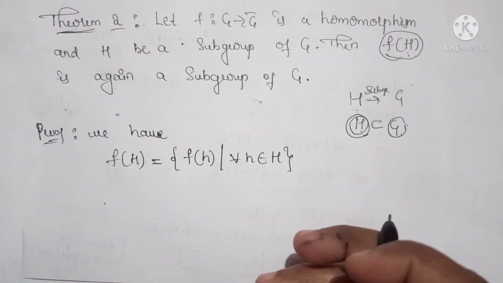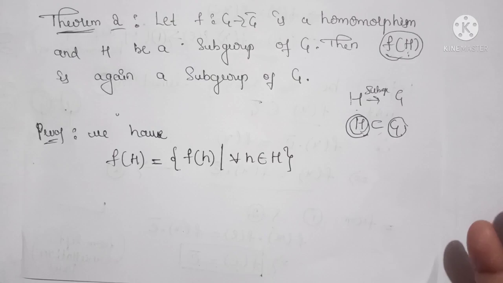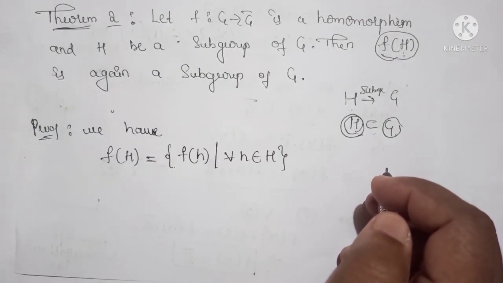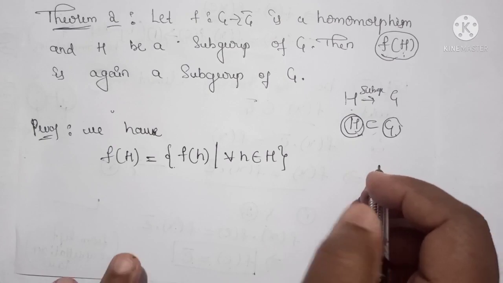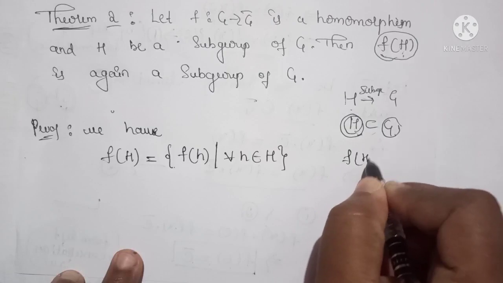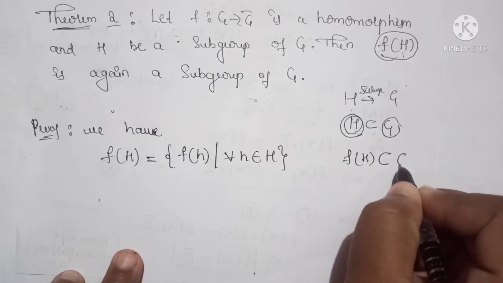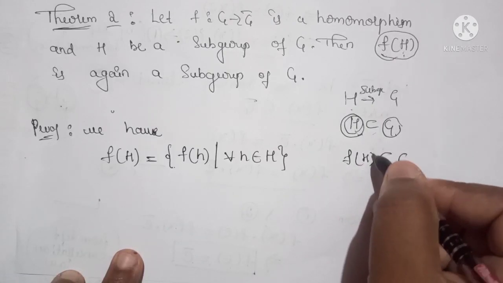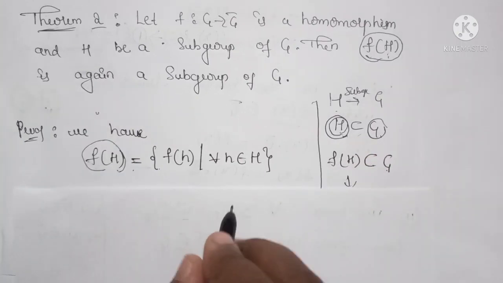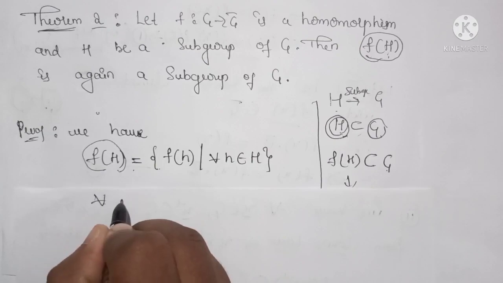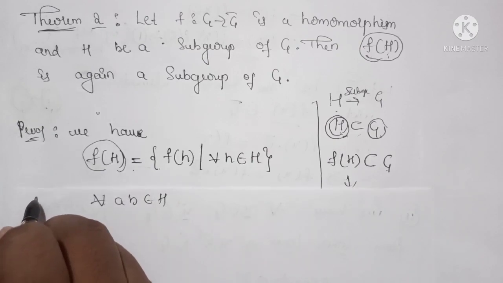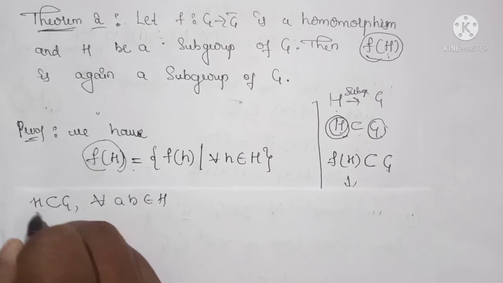In order to prove any set is a subgroup, first we have to prove that it is a subset of the given group, then we prove the subgroup. First we should prove that f of H is a subset of G, then we prove that f of H is a subgroup of G. For that, from the necessary and sufficient condition, first H must be a subset of G. This is the first condition.